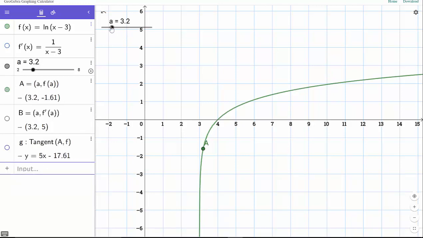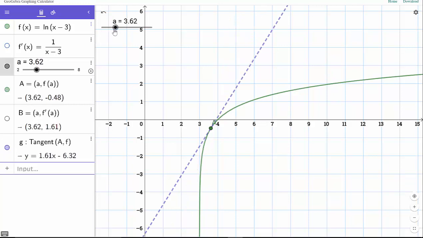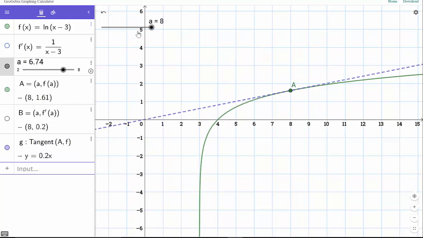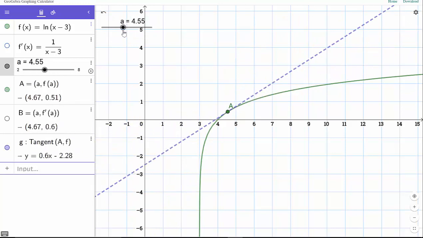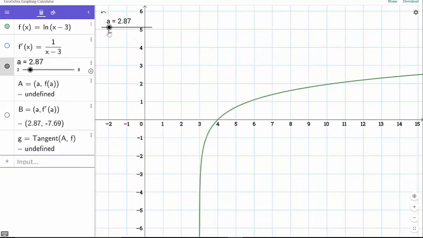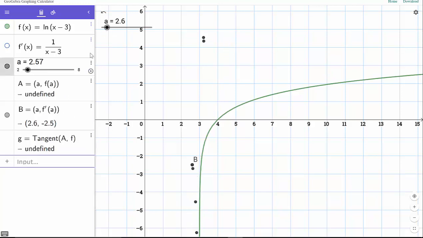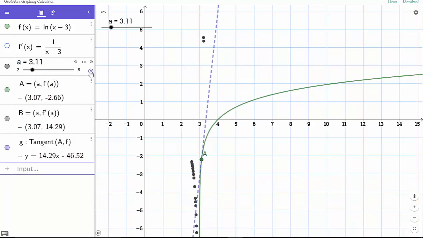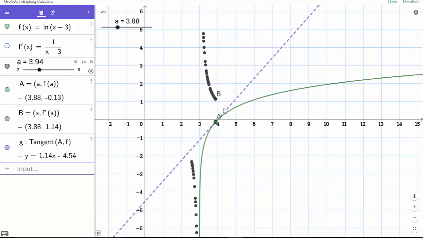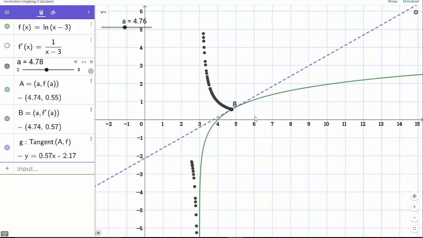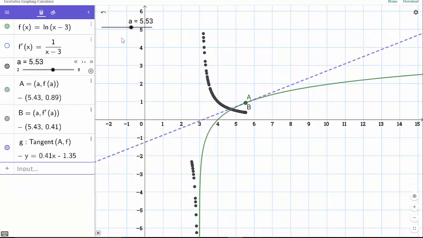So keep in mind that the derivative is the slope of the tangent line. So here's the slope of the tangent line, and it exists pretty much everywhere, except when we become less than 3. It's undefined. It does not exist. So if I graph the derivative now, you can see right here it exists.